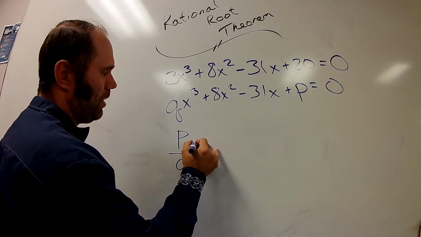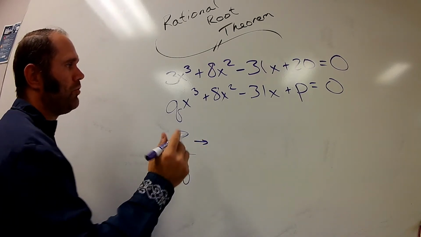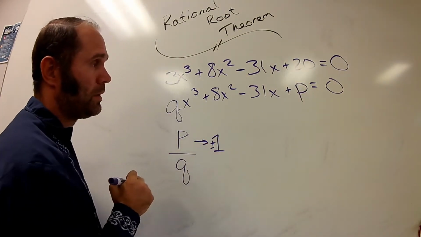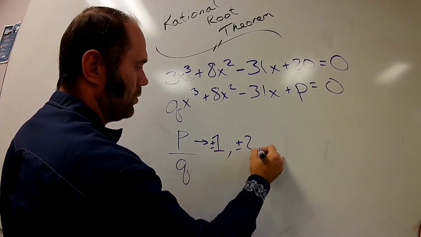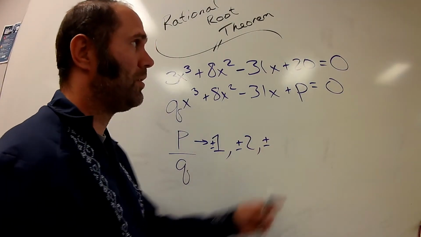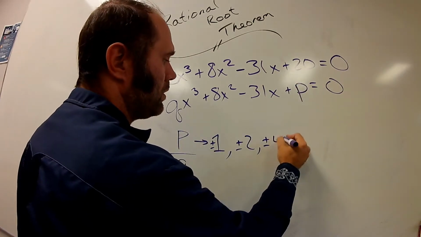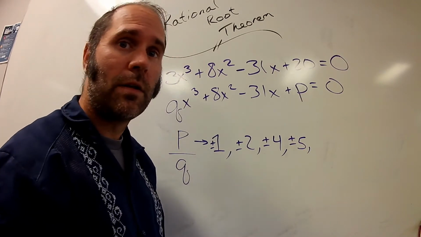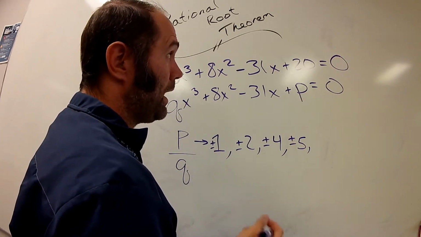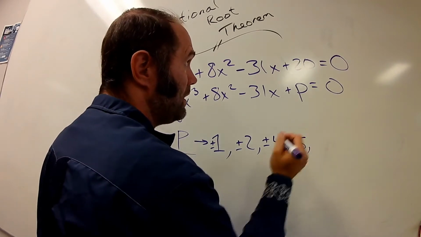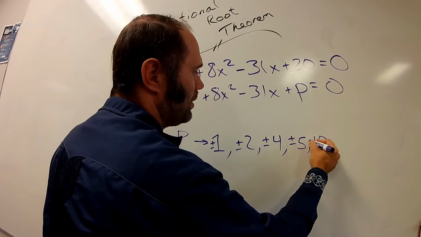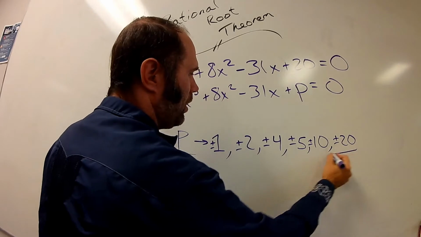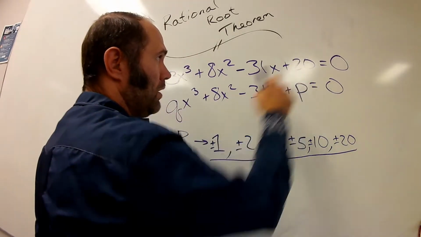So we want to list all of the factors of p, which is 20, so that is plus or minus 1, plus or minus 2, 3 does not go into 20. 4 does though, 5 does, 6 does not because 3 didn't, 7 does not, 8 does not, 9 does not, 10 does, and 20. So those are all of the factors of 20.